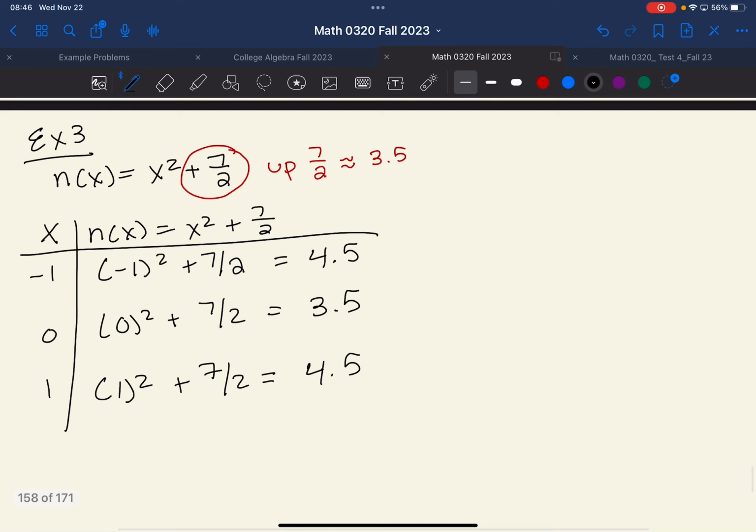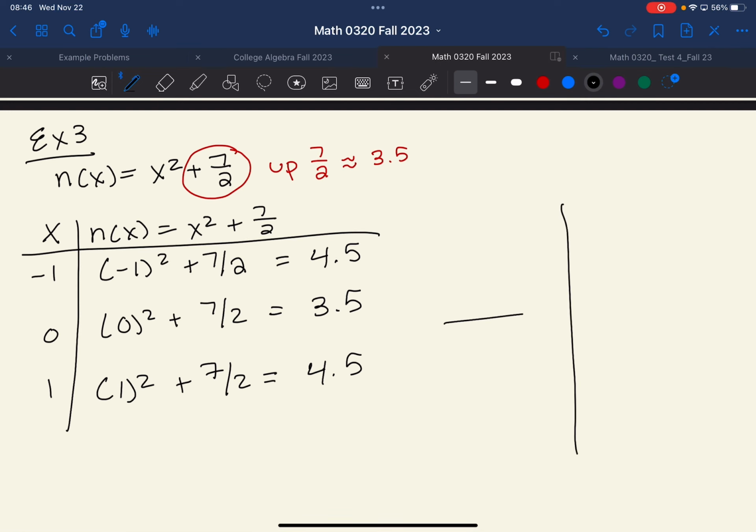Okay. So then graphing this, we have -1 and then 4.5. That's right about here. And then we have 0, 3.5. And then we have 1, 4.5.